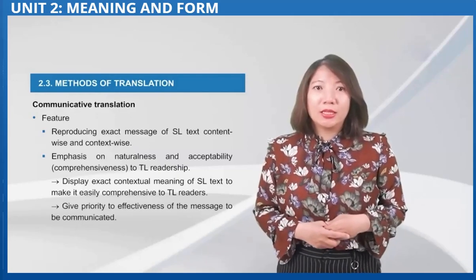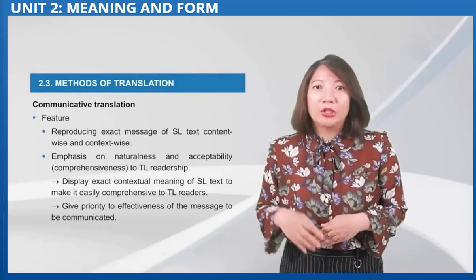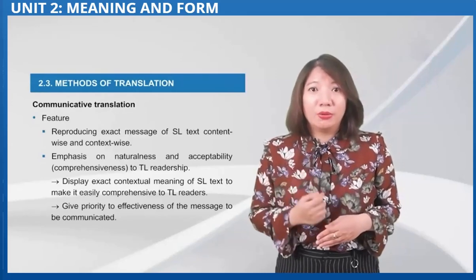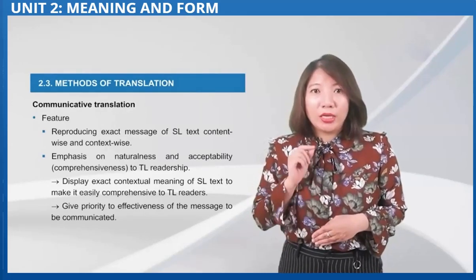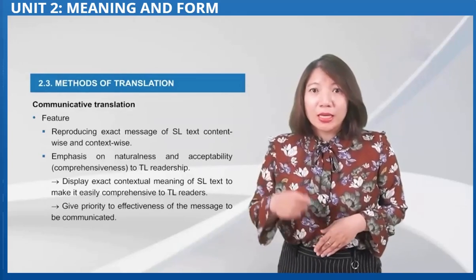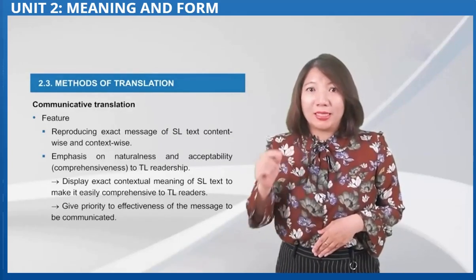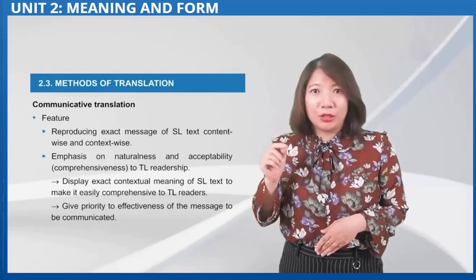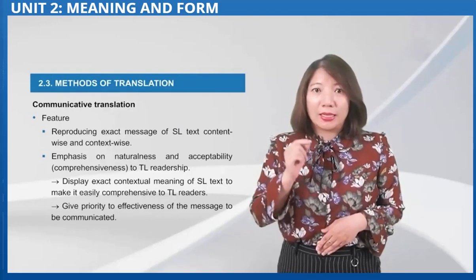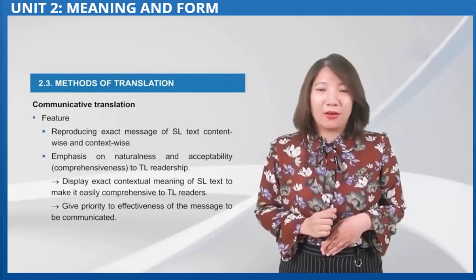And this method gives priority to the effectiveness of the message to be communicated. So what we need to remember about communicative translation is the exact message, content-wise and context-wise, and the effectiveness of the message.